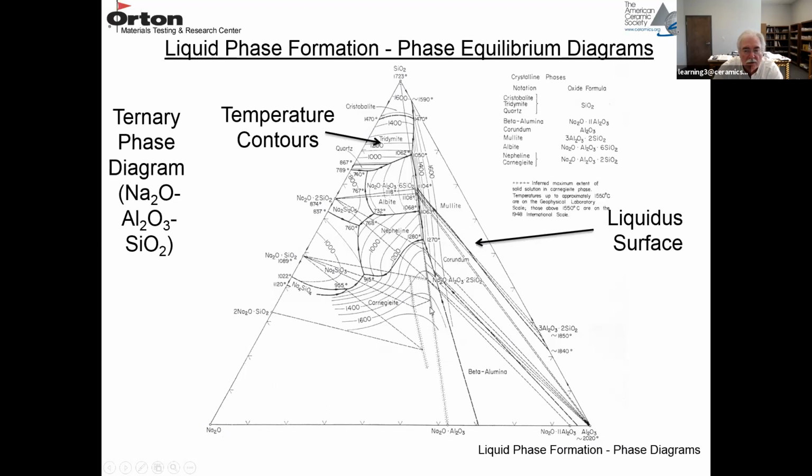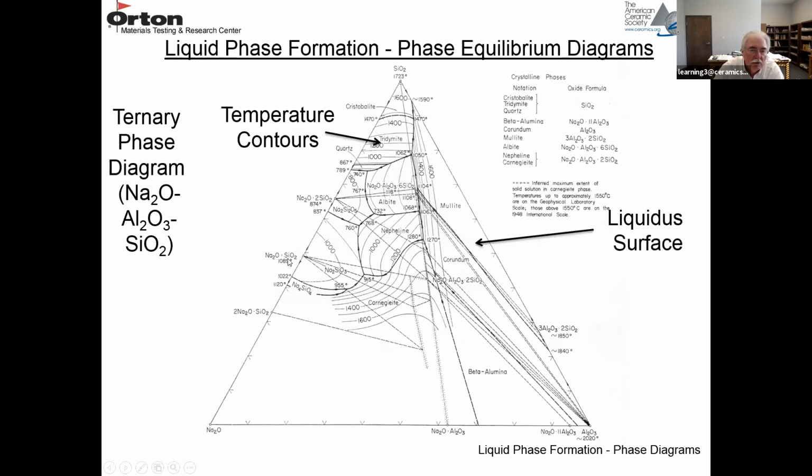So we're looking at the liquidus surface, and there's phase fields for each different type of compound that is present, and the temperatures are given by these temperature contours. So tridymite is a form of SiO2. It's present in this region here, and you can see the compositions.